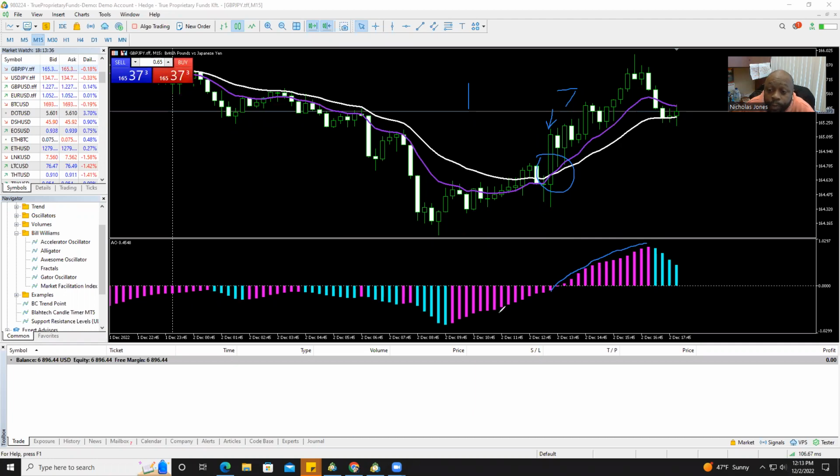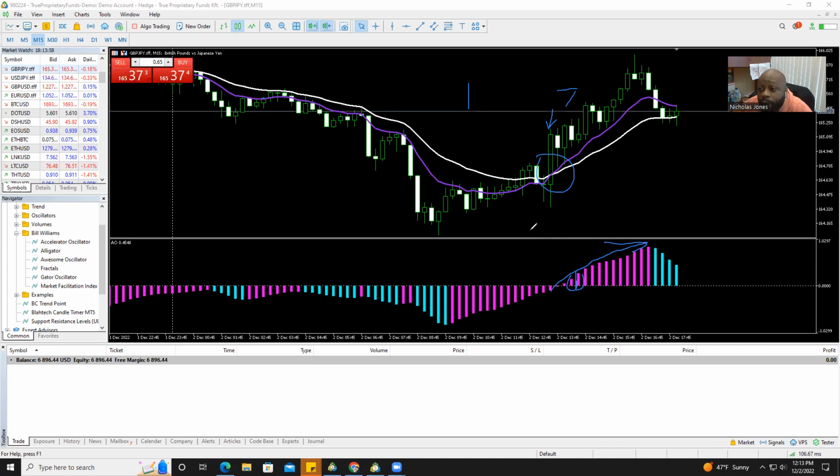So once we have gotten either 1 or 2 lines on the Awesome Oscillator going up, we know that we can enter the trade.